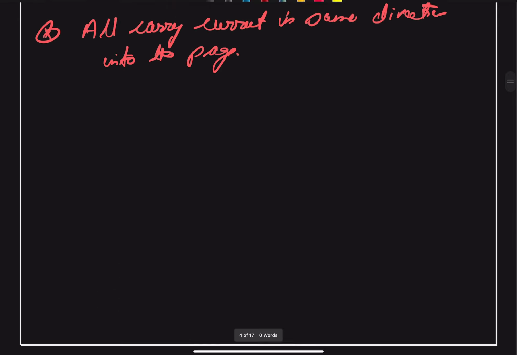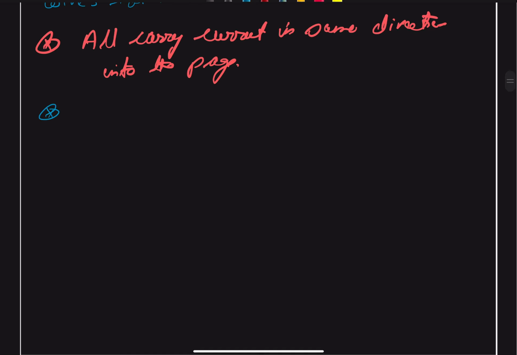So for that we are going to find out the magnetic force between the wires.